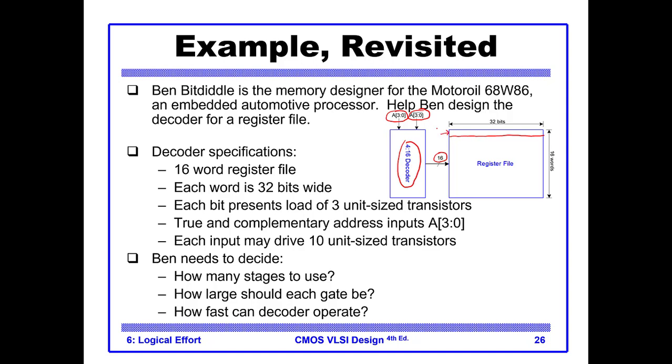So every register has, for example, a select line, and one of these 16 bits is connected to the select line. If the output of the decoder is 0, then register 0 is selected.